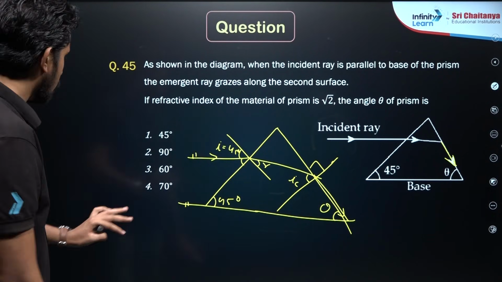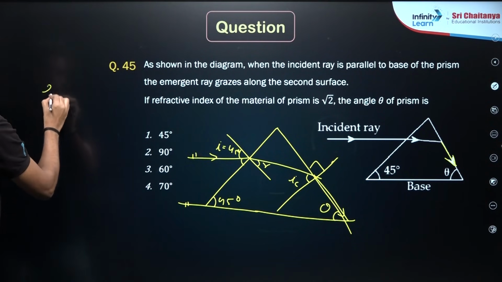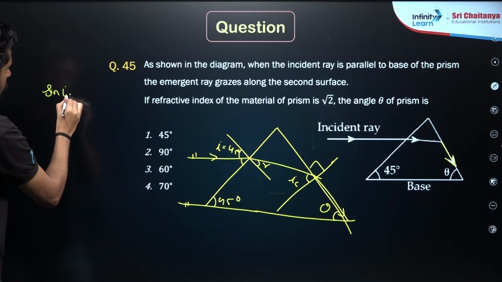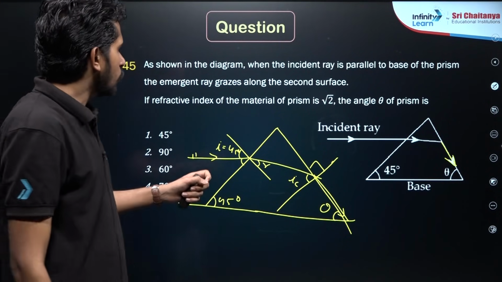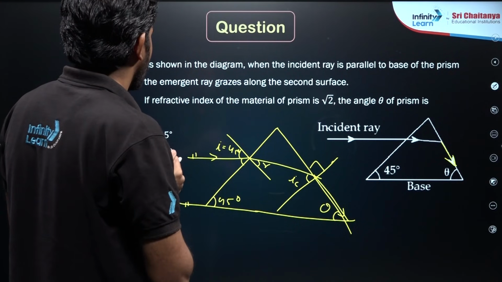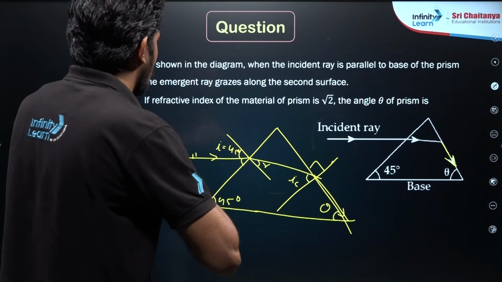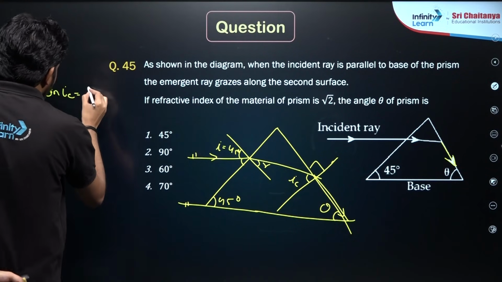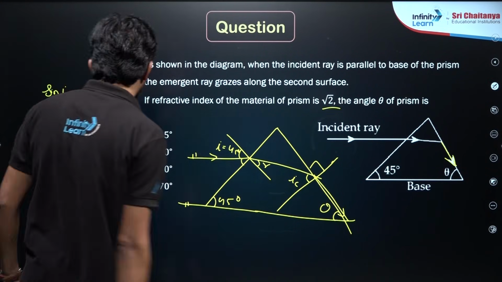The very easy problem. How, sir? So sin IC will be what? Sin IC will be 1 by mu, right? Yes or no? Okay. So 1 by root 2. Mu is given root 2.